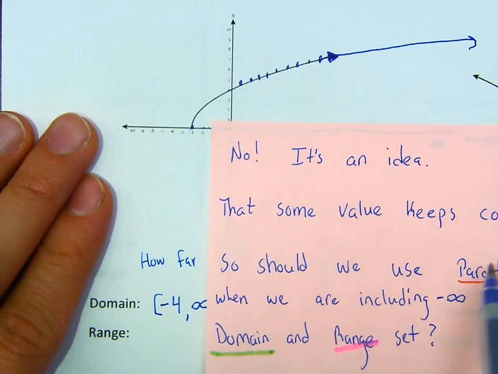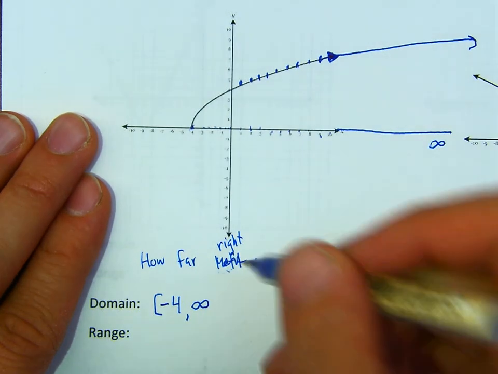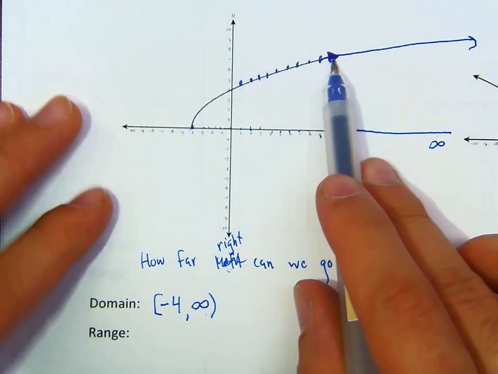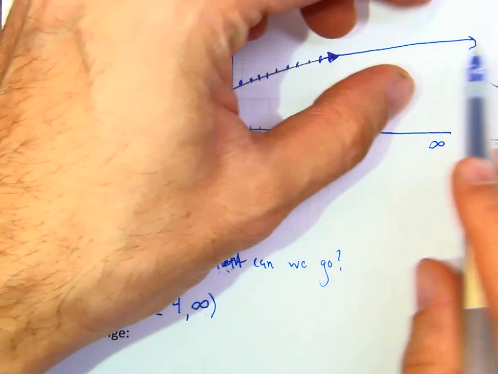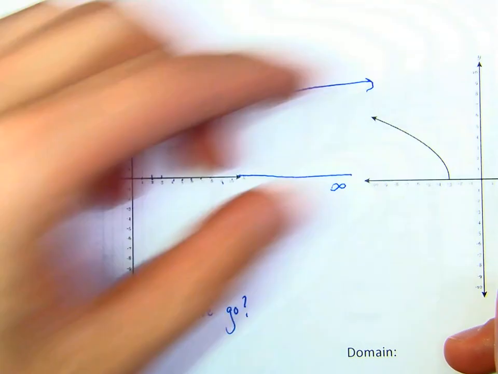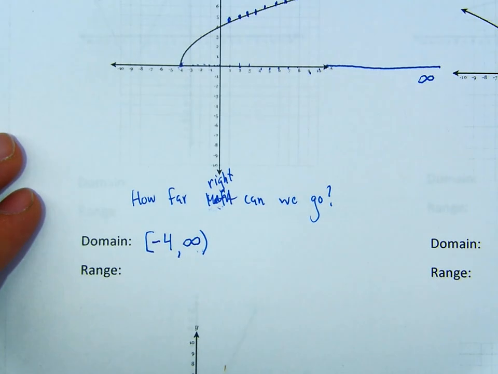It just keeps going. It's an idea. So should we put the parentheses or the bracket for negative infinity or positive infinity? We're going to put parentheses always because you can never touch infinity. Imagine trying to grab the line. If I try and grab it, it doesn't let me because the line just keeps going and I can never get to it. So that's the idea for that.